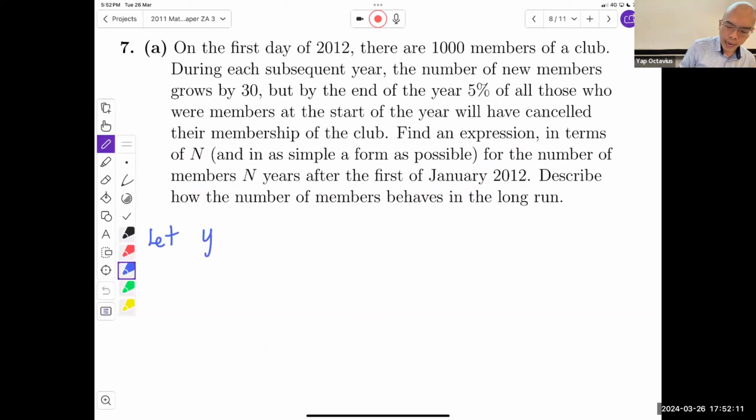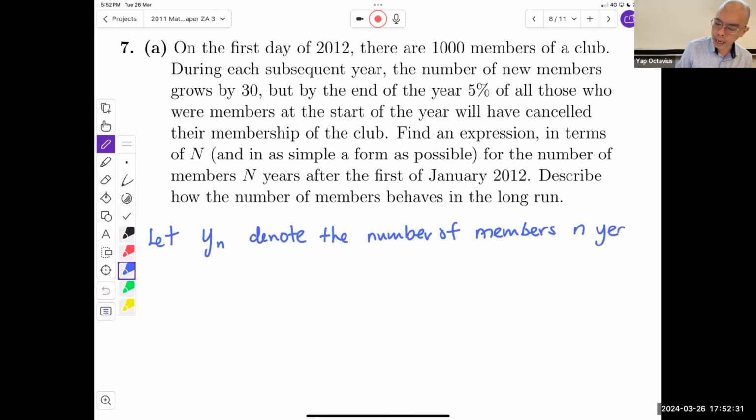So let yn denote the number of members, n years after the 1st of January. You copy this statement exactly.